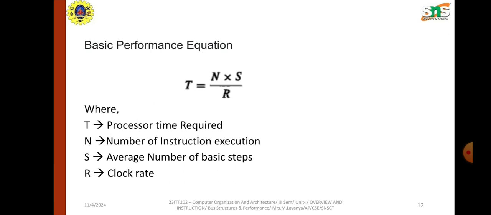and S stands for the average number of basic steps. For example, if we want to add two numbers and store the result in a third variable, it has only one line command, but the input for the first value has to be obtained and saved onto a memory location, and the data for the second value has to be received.